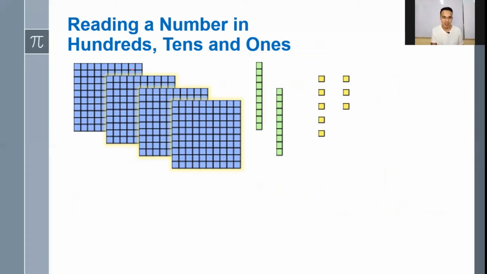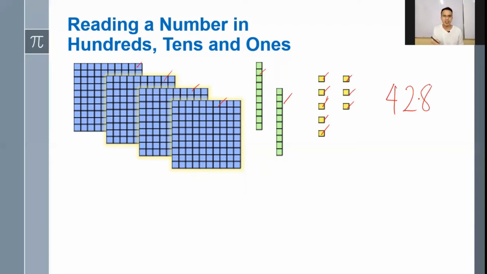Let's count. 100, 200, 300, 400, 410, 420, 421, 422, 423, 424, 425, 426, 427, 428. So the number here is 428.